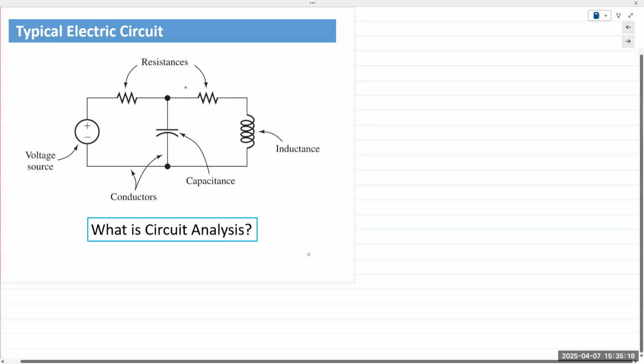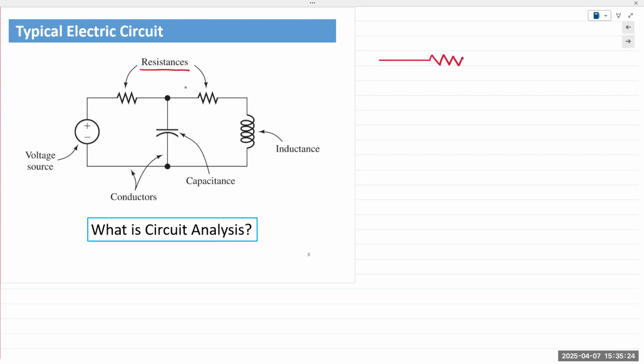All right, so resistances are drawn with a zigzag jagged edge symbol, right? Resistance is basically opposition to the flow of electric current. Again, we'll take a look at this in chapter number 2. This is just to show you what exactly we're trying to do.